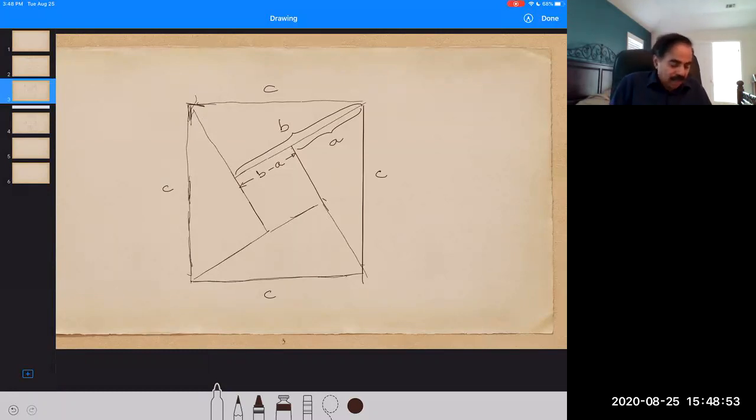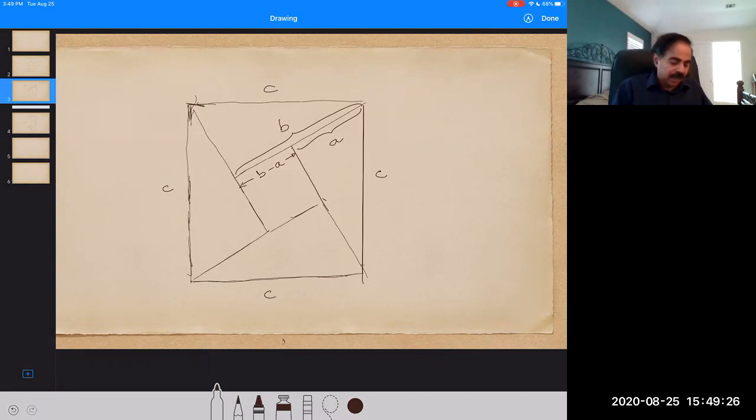So we have 4 times this triangle. You see that there are 4 instances of the triangle which we have taken and rotated and arranged into a square. Does anybody have any questions about how we have arranged this? So we have 4 of these triangles.